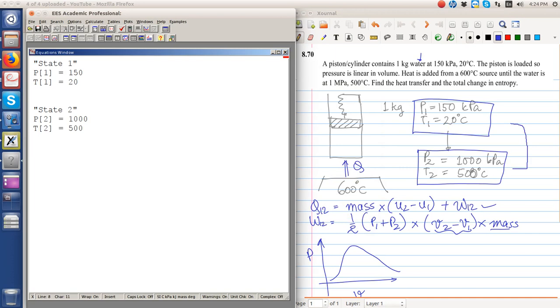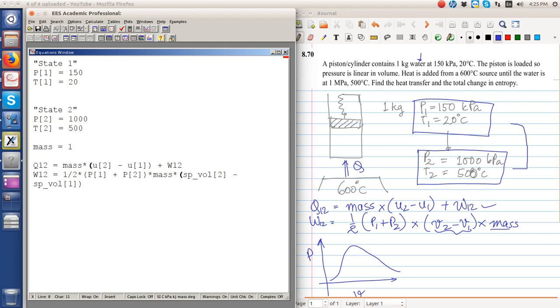So let's see. Okay, the mass is given as 1 kg. So the Q12 is equal to mass multiplied by U2 minus U1 plus W12, where W12 is equal to 1 by 2 multiplied by P1 plus P2 multiplied by mass multiplied by specific volume 2 minus specific volume 1.